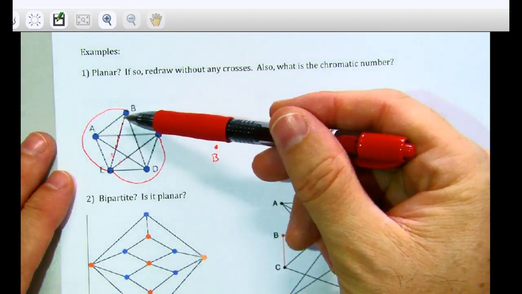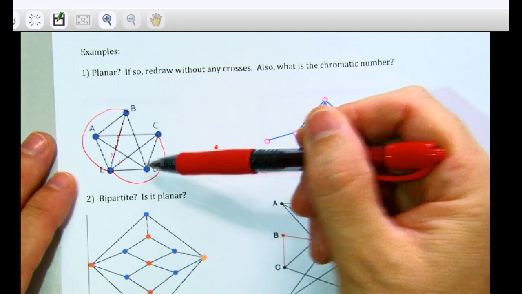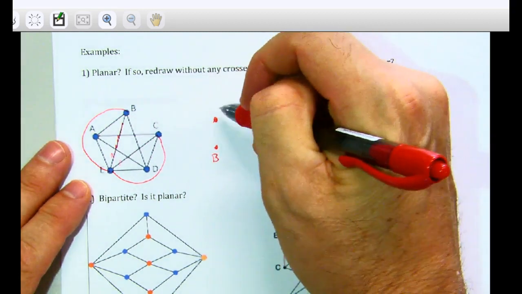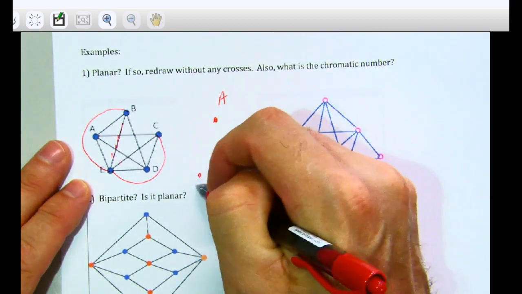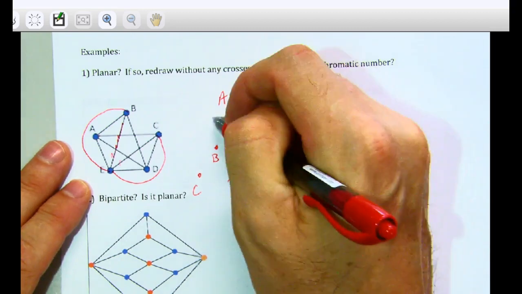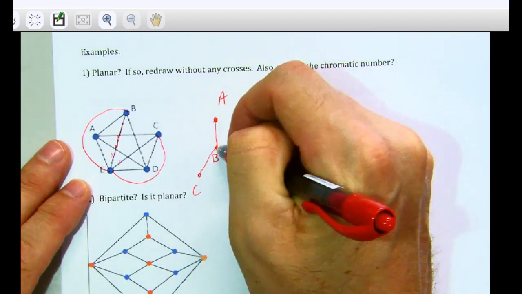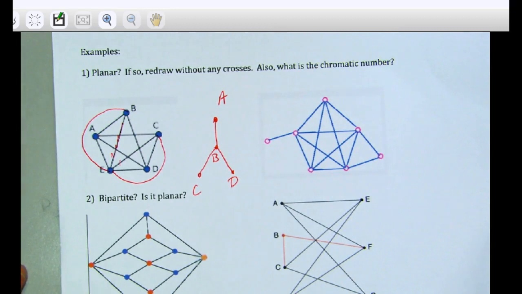Now, if you notice, B is connected to A, C, and D. So I'm going to put those around. So I got A, C, and D. So B is connected to all those. It has 3 segments from it, still has 3 segments. So I'm just doing the same exact graph, but a different representation.